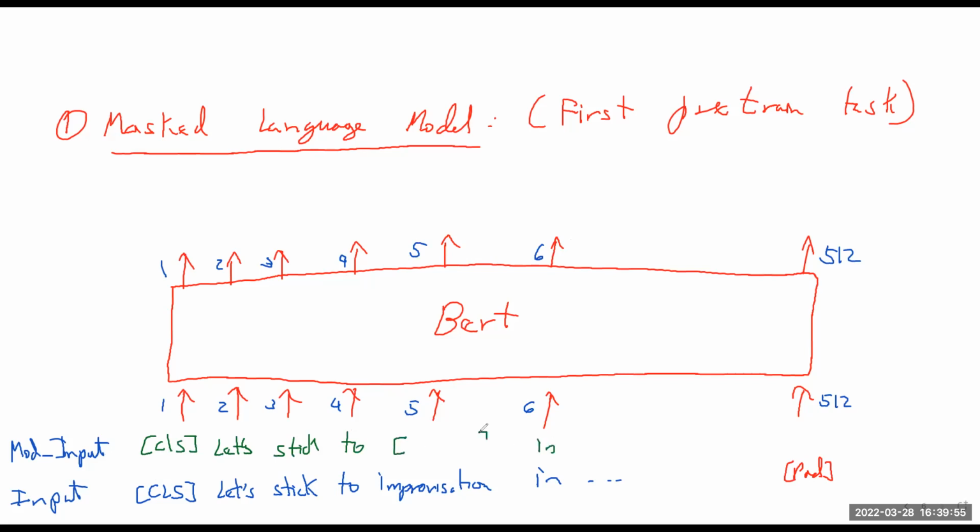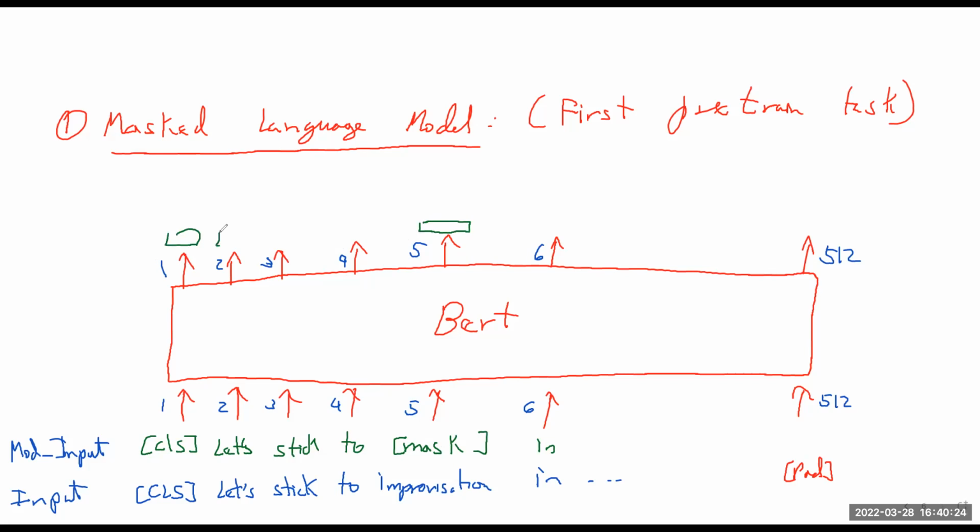But the word improvisation will be replaced with a mask. You see that? That's exactly what you do in the first pre-trained task of BERT. You mask it. And then what you want it to learn is to predict this mask. Okay, that's the objective.